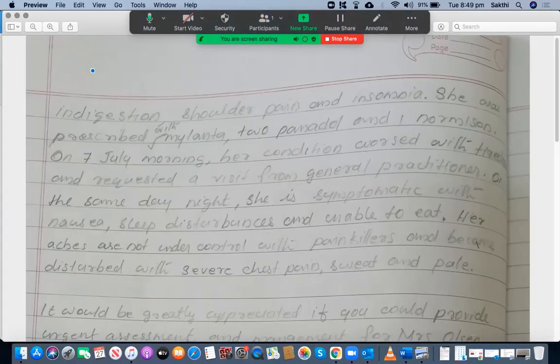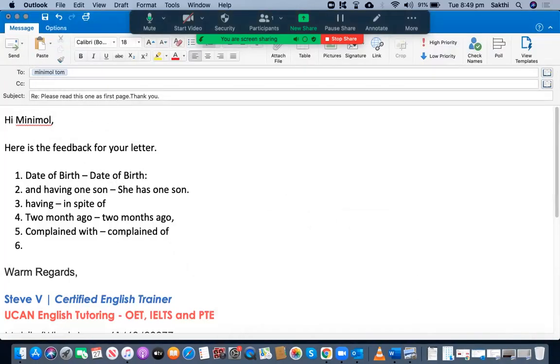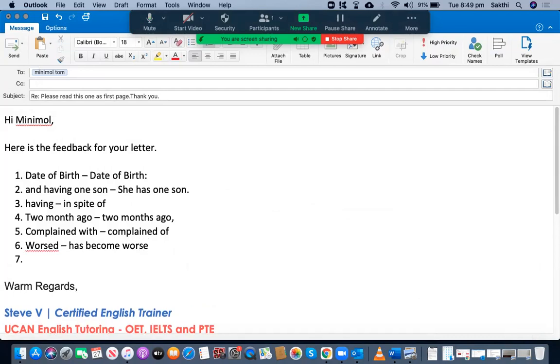She was prescribed Melanta, 2 Panadol, and Normicin on 7 July morning. Her condition worst. No, it's not "worst." Her condition has become worse. "Worst" is wrong. Has become worse.